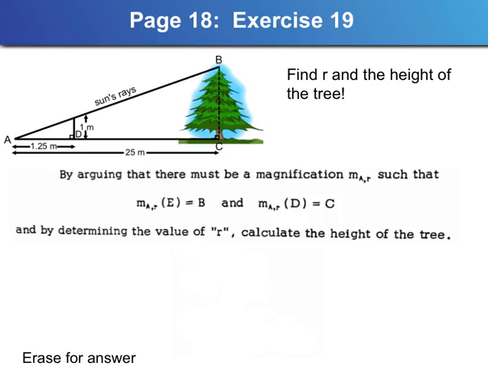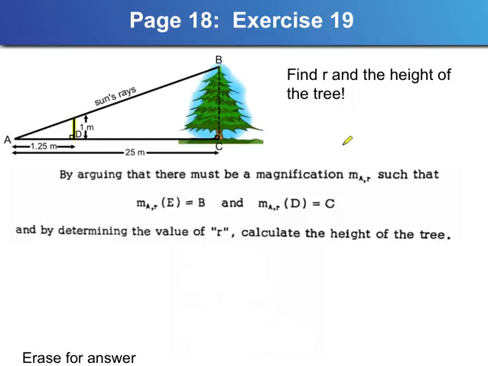So the picture would look roughly like this. And we'd like to find the height of the tree. We want to find R, the scale factor, and the height of the tree. Now, because we know our properties of magnifications, we know that if we have parallel segments, and this segment here has to be parallel to the tree here, then there is a magnification that will map the one segment to the other.